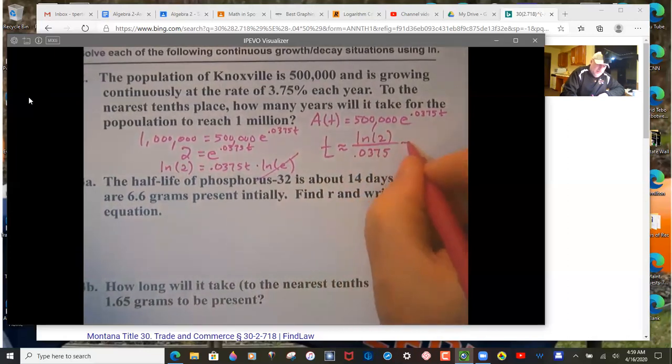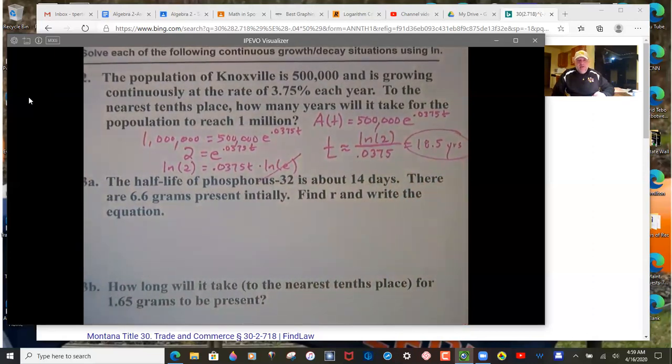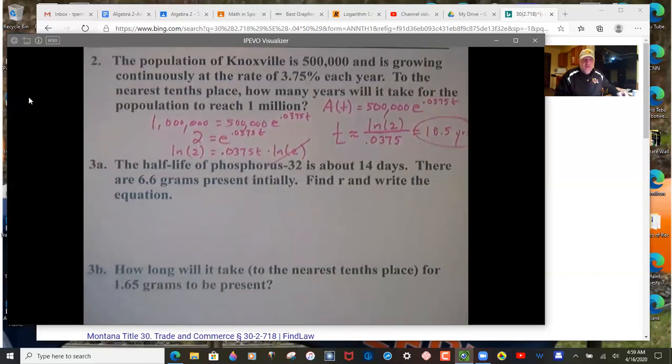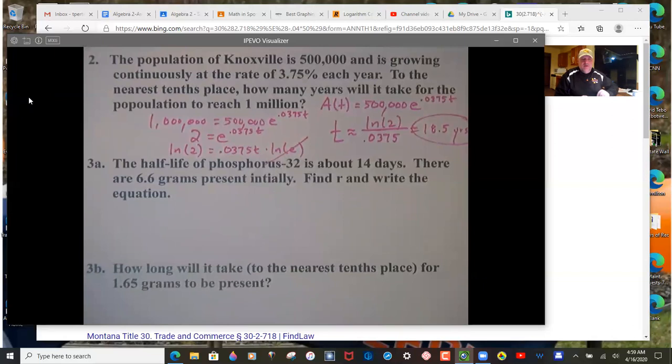And what is that? 18.5. Just use an internet search bar, it will do it. I just want to check real quick that 18.5, indeed it is.